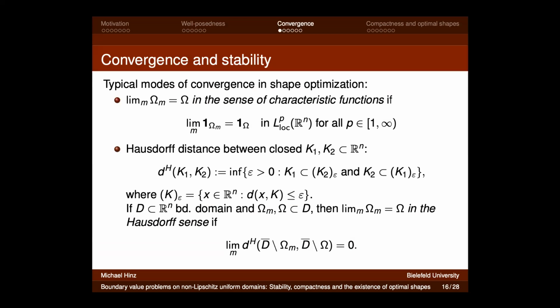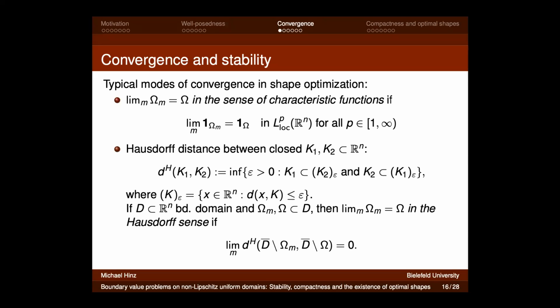Now it becomes a bit more spicy, perhaps. We talk about convergence and stability. In order to find an optimal domain, or an optimal shape, first we need to be able to discuss convergence of shapes. In shape optimization, there are typical modes of convergence that people use. One is convergence in terms of characteristic functions.